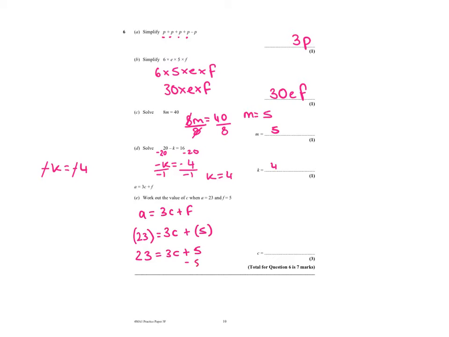I'm going to take away 5 from both sides. 23 take away 5. Sorry, it's not 17, is it? 18. 3c plus 5 minus 5 is 0. Now I'm going to divide both sides by 3 to cancel the 3, so I get just 1c. And 18 divided by 3 is 6. So c equals 6.